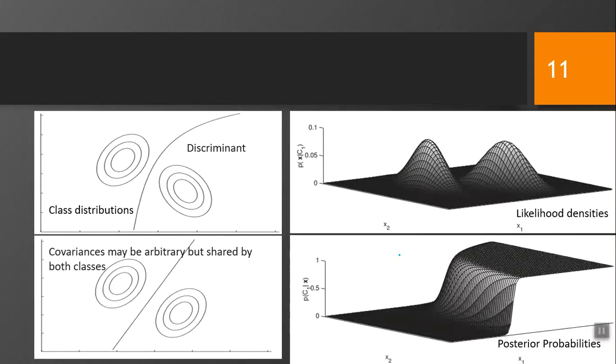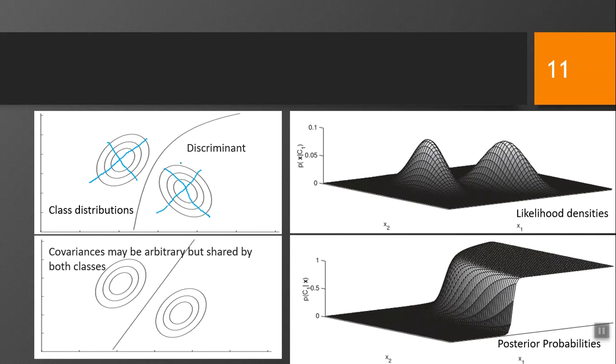Now, we look at this figure. Here we can see that this line is our discriminator function, and these are the class distributions. In this class the variances along the x axis and y axis are different as compared to this, right.